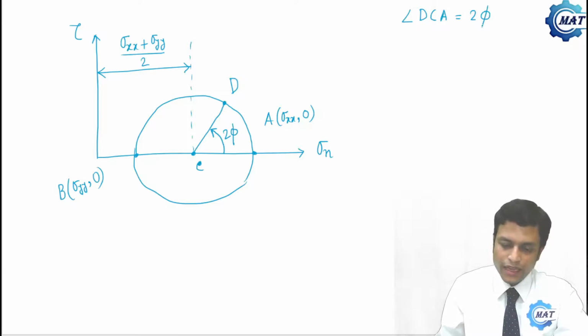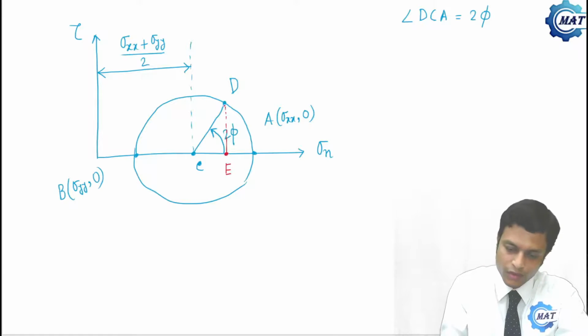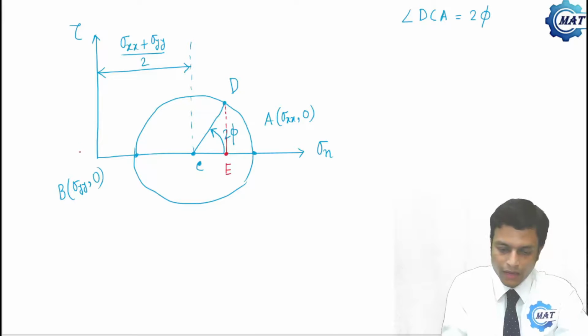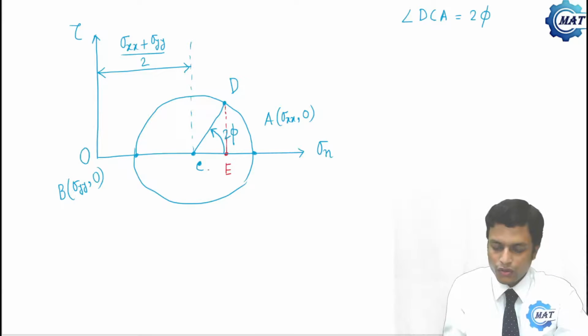Then if that is 2 phi, what is the coordinate of point D? Say this point is E and the origin is O. The sigma n coordinate of point D is OE. We can write OE as OC plus CE.